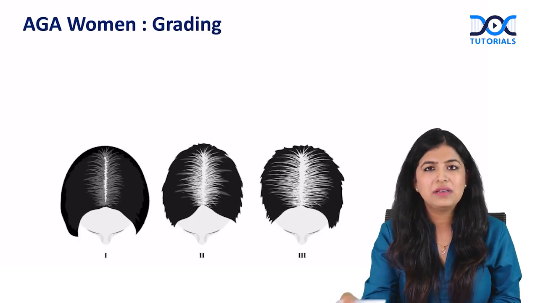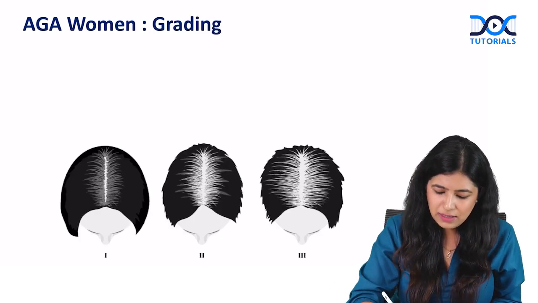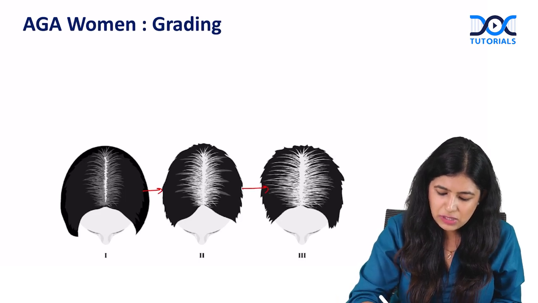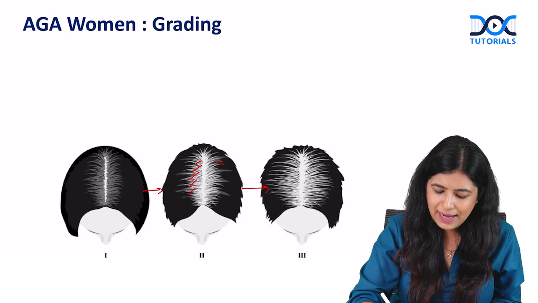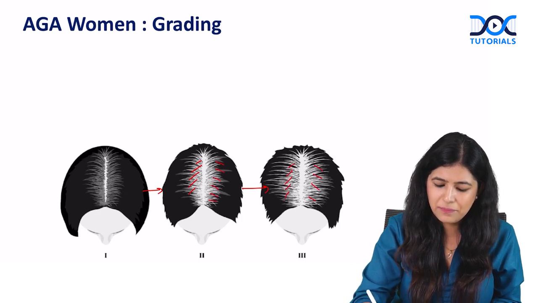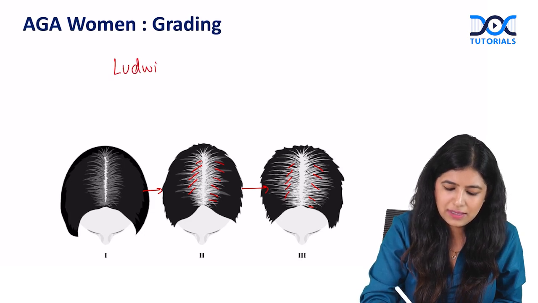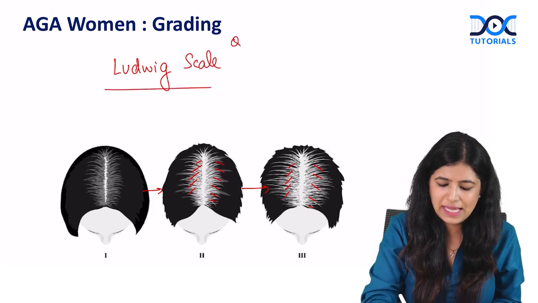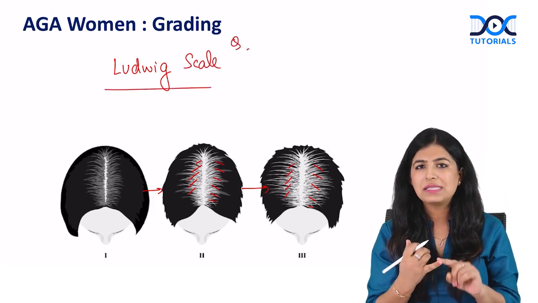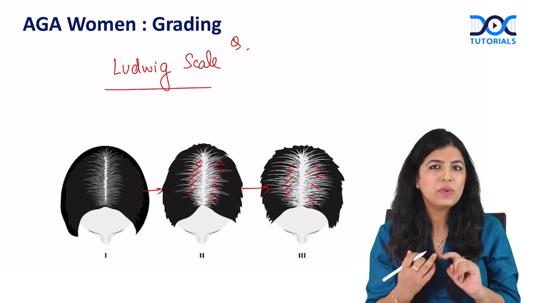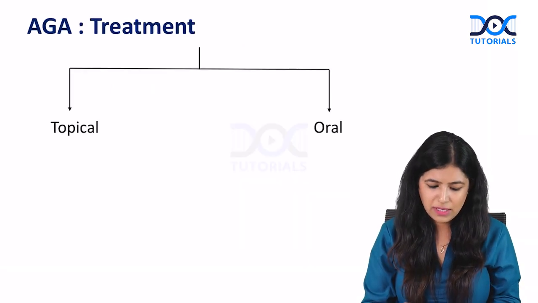How do you grade the severity? You see, as the disease moves from one to next, the central parting becomes wider and the hair becomes more thinner in this area. So this grading is called as the Ludwig scale. This is called as the Ludwig scale. So it was Norwood-Hamilton scaling in the men and Ludwig scale in the women.